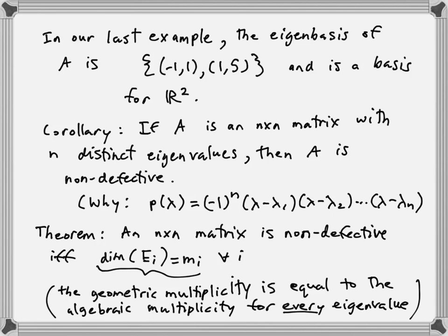Okay, so this is what we need to be true in order for an n by n matrix to be non-defective.